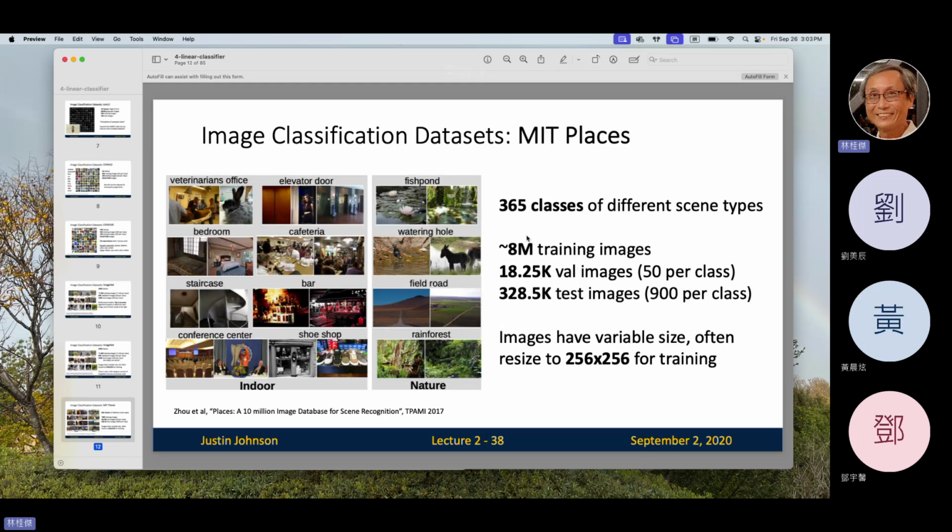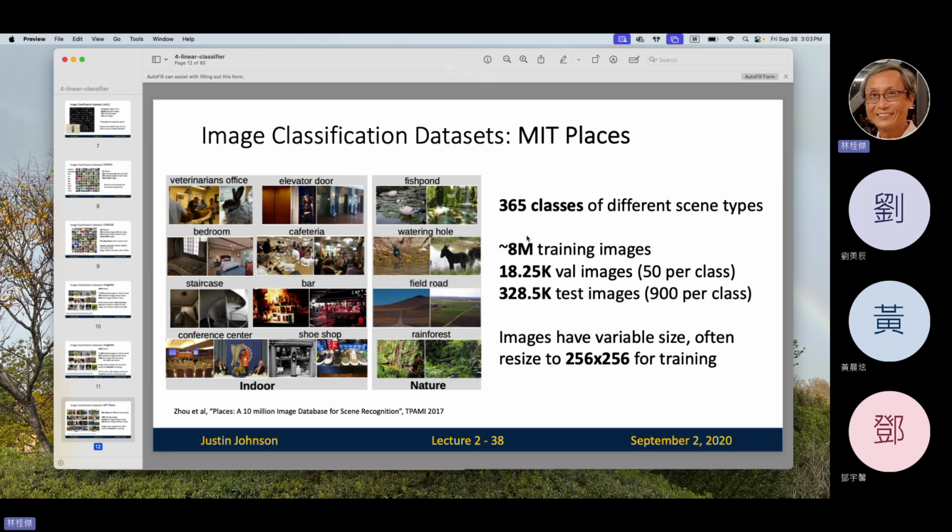Okay, MIT has produced another set which has 365 different scene types. It's no longer about objects, but about different scenes. Like this is a field, this is in a bar, this is in a bedroom, and this is in a watering hole.